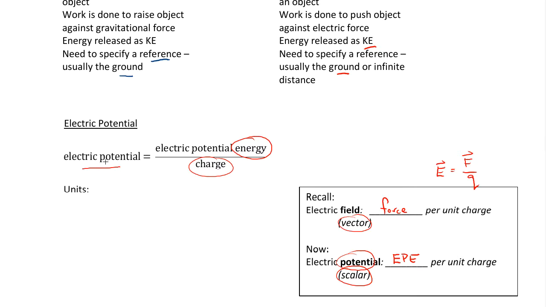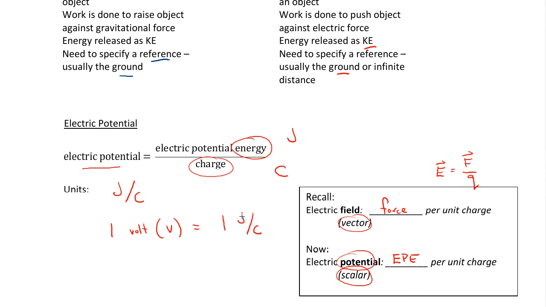And if you look back at this formula, we know that the units of energy in the SI system are joules, and the units of charge are coulombs. So the units of electric potential need to be joules per coulomb, but that has a special name, and we call that a volt. So 1 volt, which has the symbol capital V, is equal to 1 joule per coulomb.